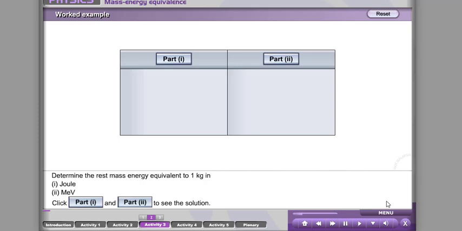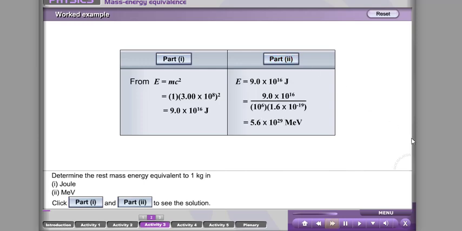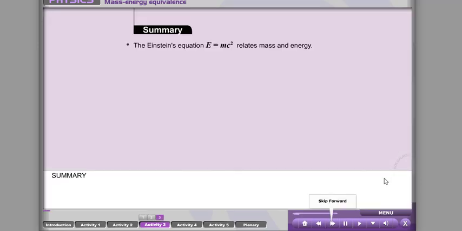Determine the rest mass energy equivalent to 1 kilogram in joule and mega electron volt. Click the Part 1 button and the Part 2 button to see the solution. Summary.